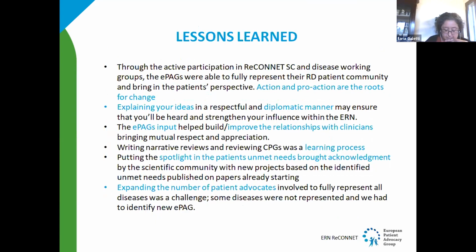We learned that active participation led us to fully represent our communities. We engaged with them, we gave them feedback, and we were really bringing their voice into ReConnect, and not only our perspective and our voice.